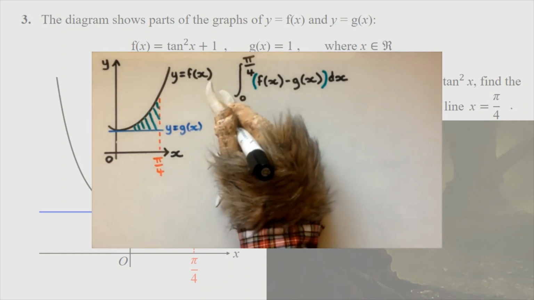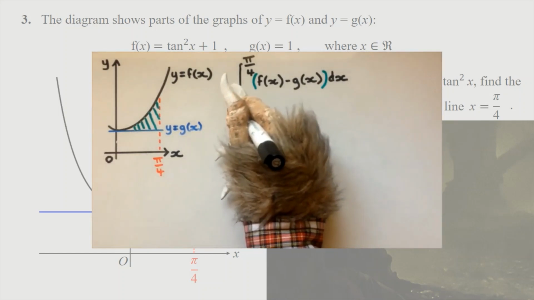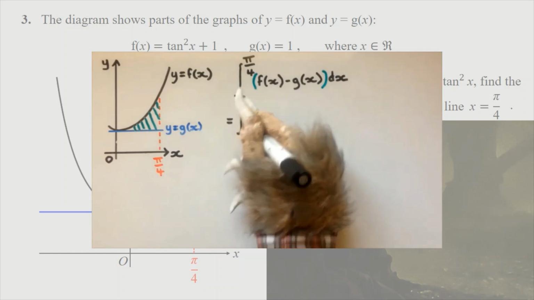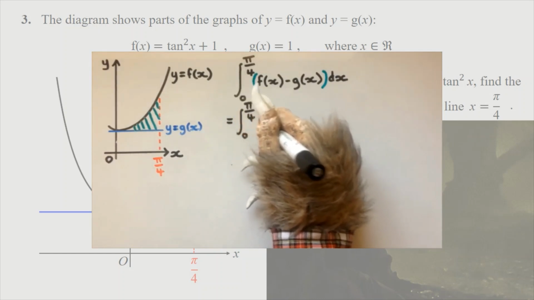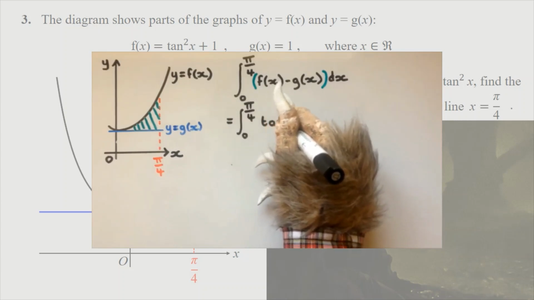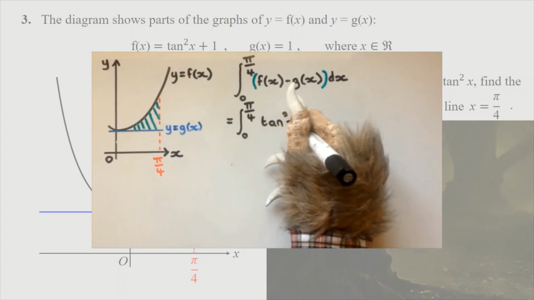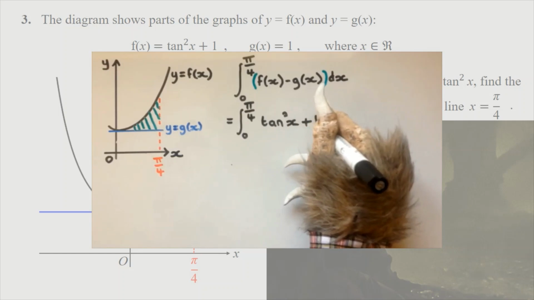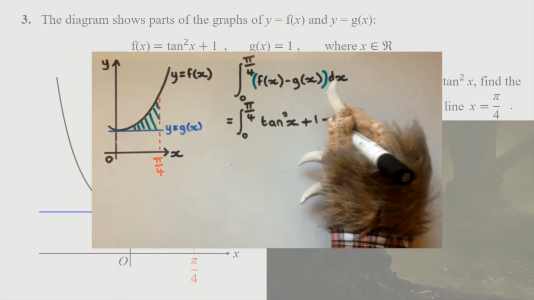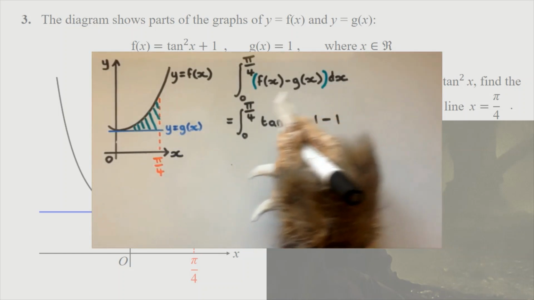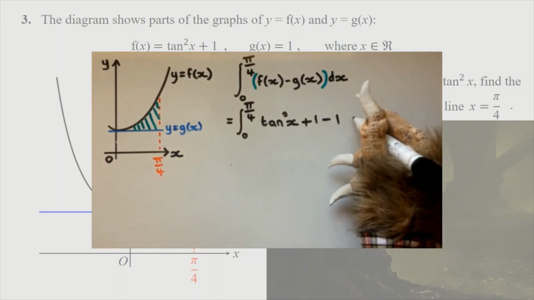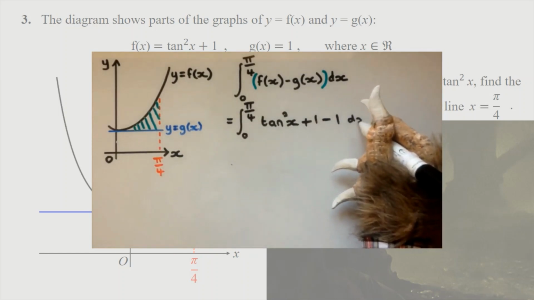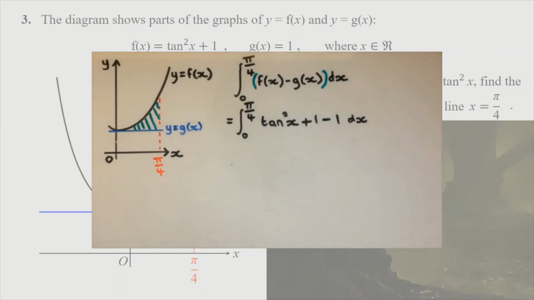So this is equal to the integral from 0 to pi/4 of tan squared x plus 1, so that's my f, subtract 1, with respect to x, of course, dx. And we'll make the distinction in a second.